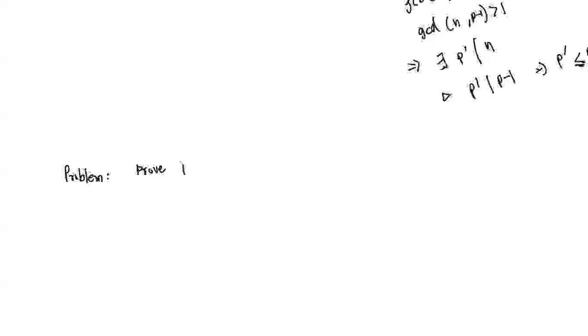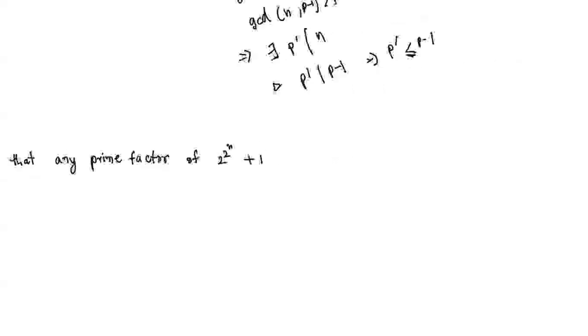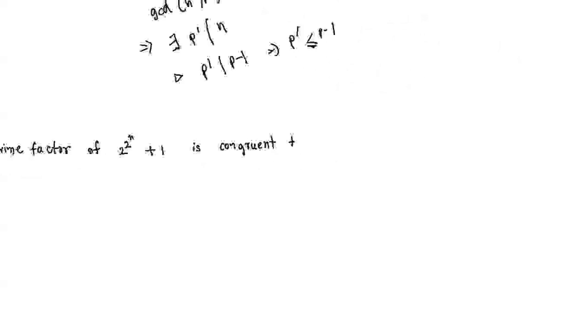Prove that any prime factor of 2 to the power 2 to the power n plus 1 is congruent to 1 modulo 2 to the power n plus 1.